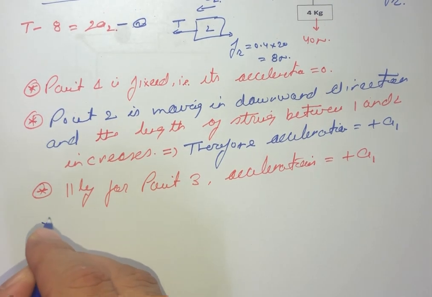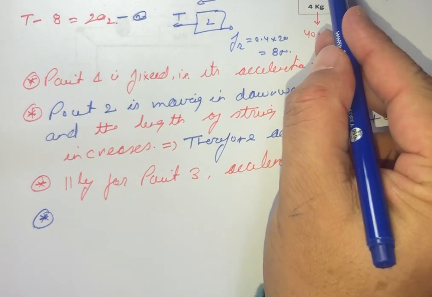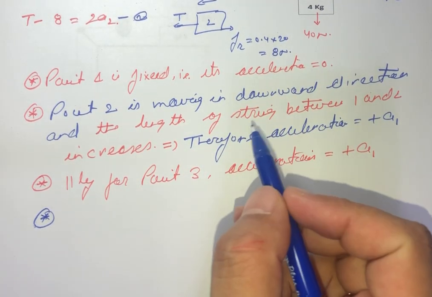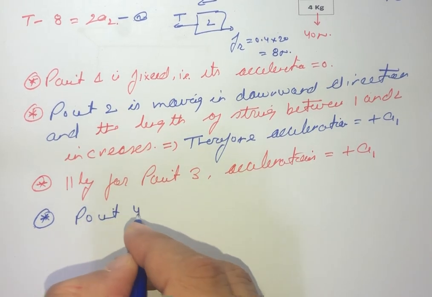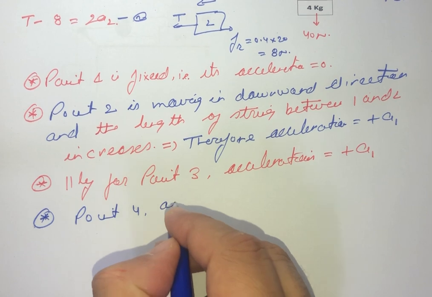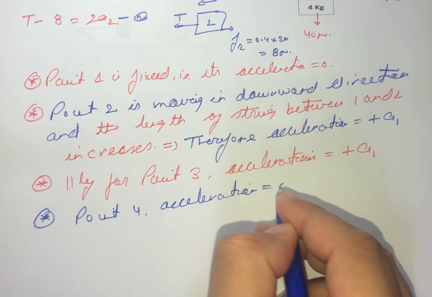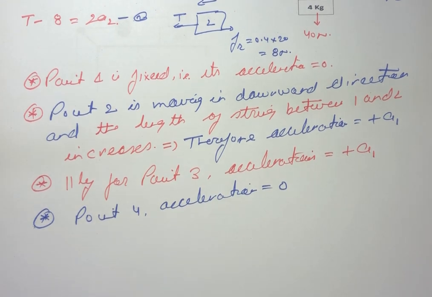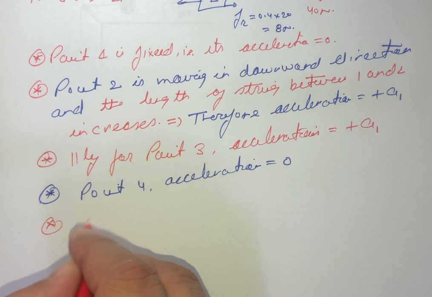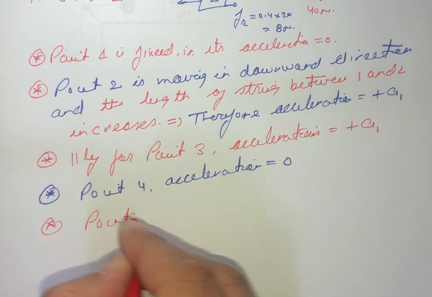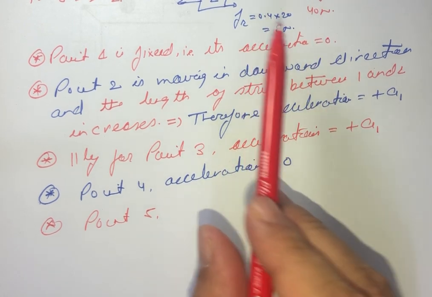and point 4 is fixed. Okay, you can say point 4 acceleration is 0, and we are left with only point 5. Point 5, there is decrease in the length of the string.